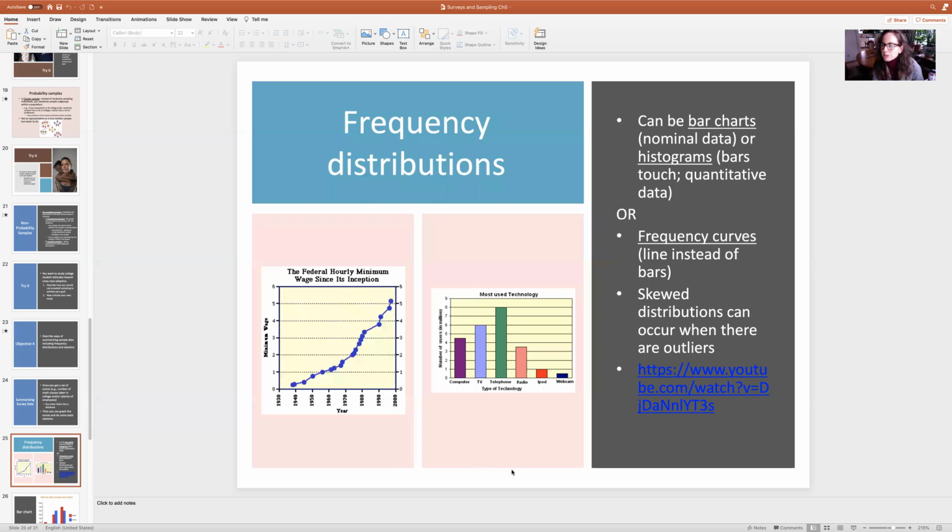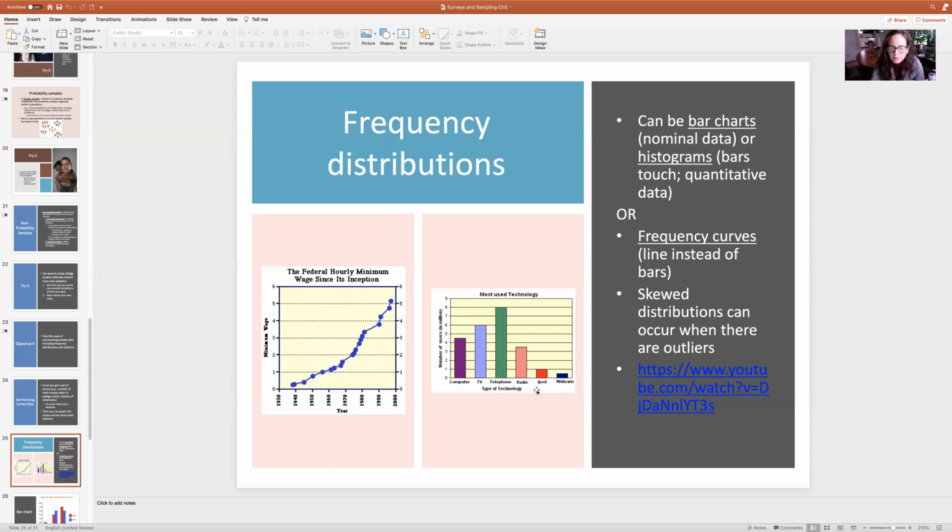One of the things that you can do is a frequency distribution, and a frequency distribution is done for data that are usually nominal. So in a nominal data set like this, for example, most use technology, this is obviously a nominal measure because computer, TV, telephone, none is more than the other.